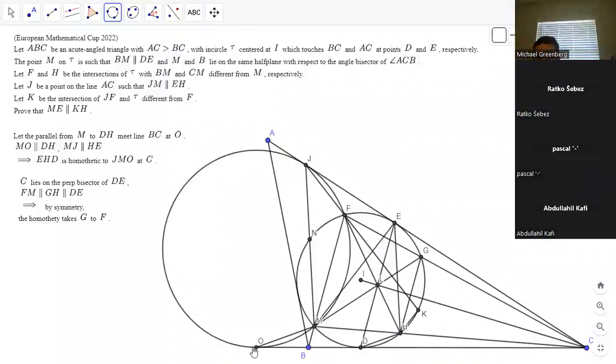No, that's not true. Actually, yeah, your points are a bit different on the diagram. Let me just see. Okay. So we want to show that MKH is equal to, yeah, MKH is equal to EHK.